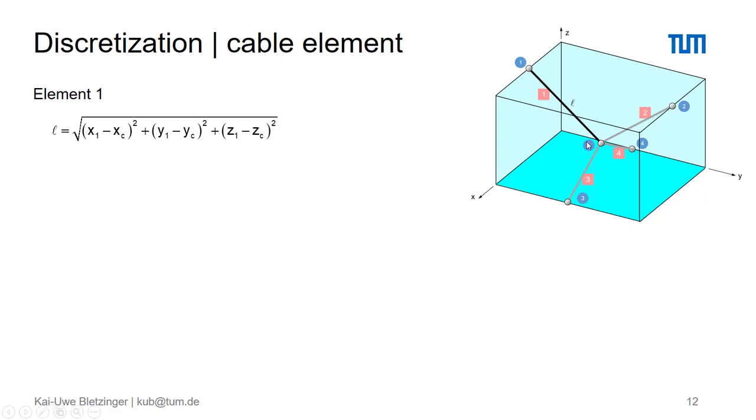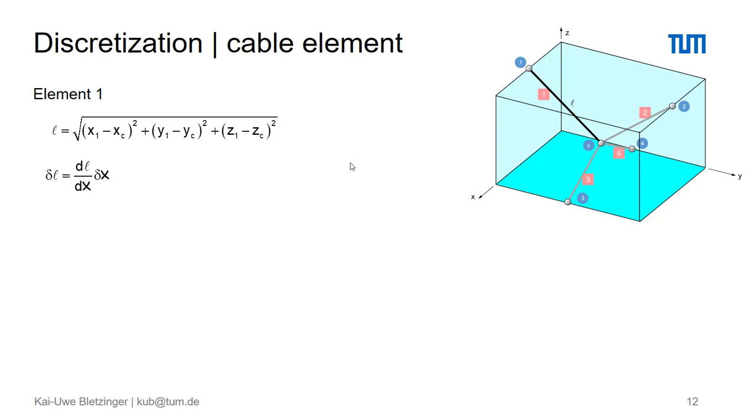Remember that the 3 unknown variables are the coordinates of node number C. And then we can write the length of element 1 as displayed. So we have applied the Pythagoras law, with the sum of the differences of the coordinates in x, y, and z with respect to node 1 and the center node.